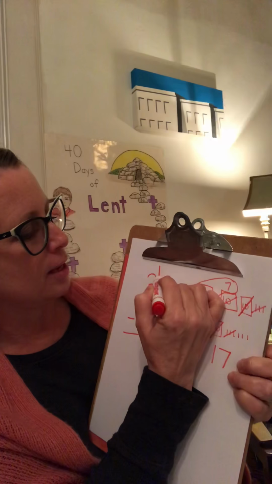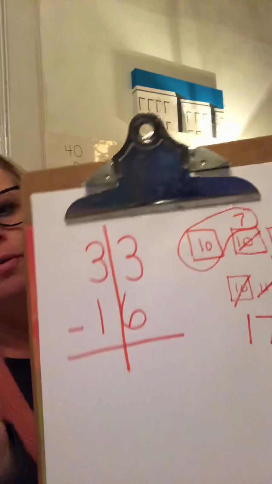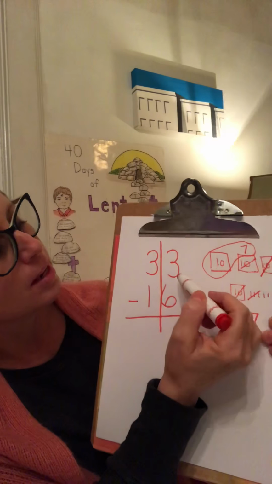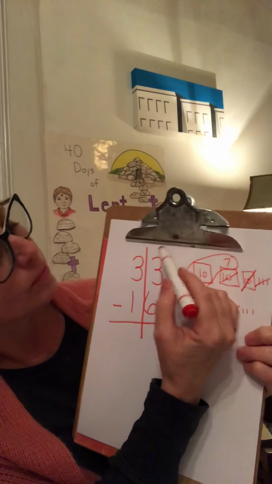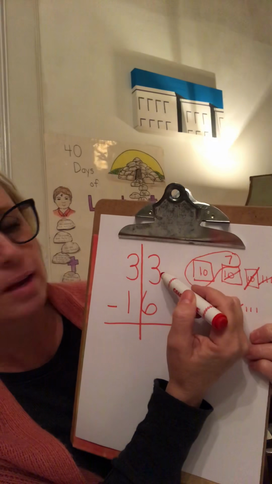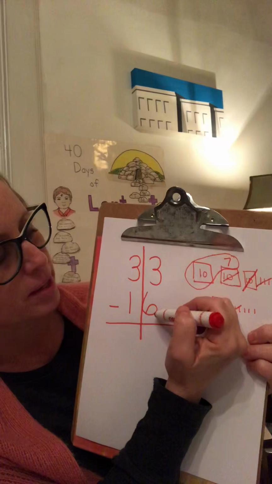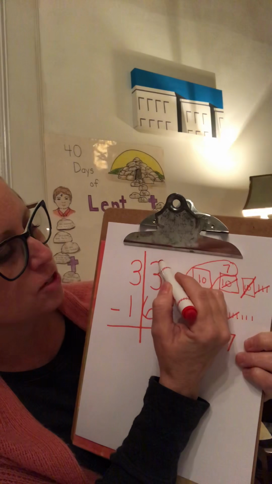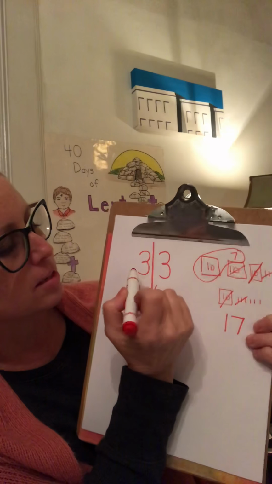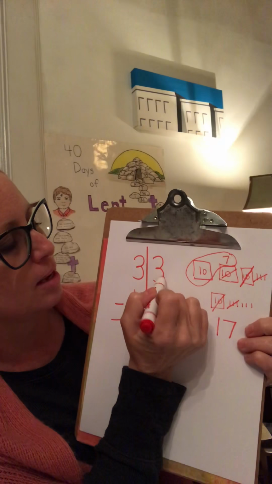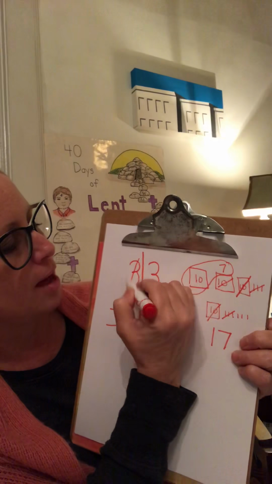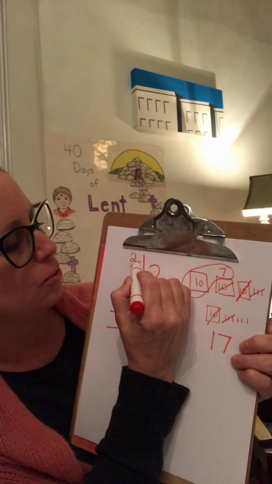Now, regrouping, so remember, this is our 1s and this is our 10s. So with regrouping, you can't take 6 away from 3 because there's not enough to take it away from. So you have to change this. You have to borrow 10 from this side because this number is 33. So you borrow 10 from 33, and that is going to change it to a 2.